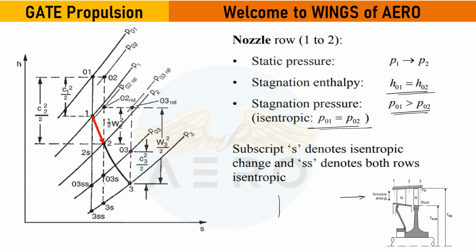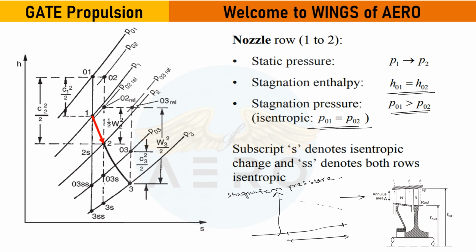If they ask across the stator, this is the length of the particular stator, entrance and exit. So whose stagnation pressure is going to be high? Obviously P is going to be high and drastically it will fall, right? So this is a diagram for stagnation pressure.